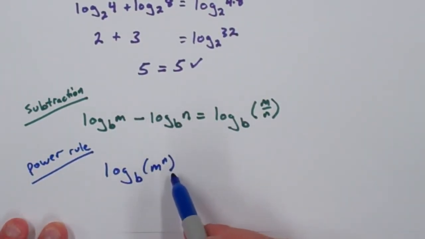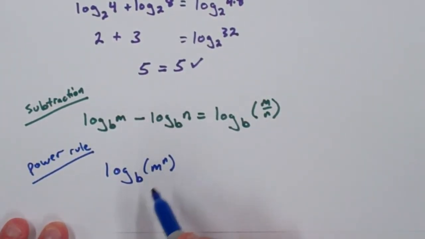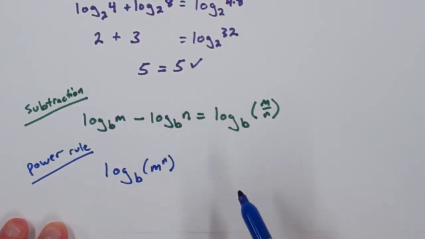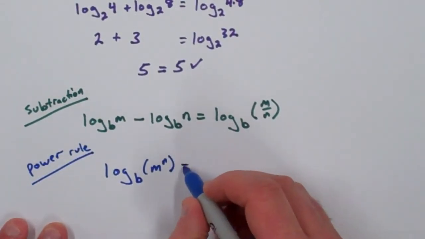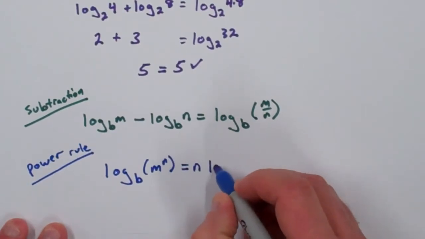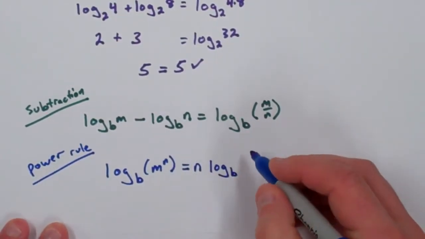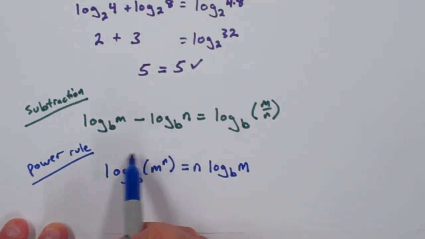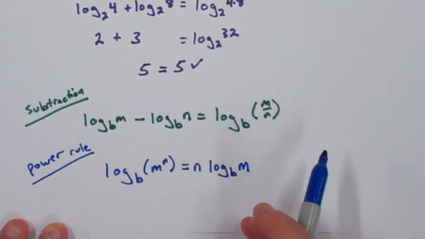It's got to be part of the logarithm. The entire logarithm can't be raised to the n power. It's just got to be the variable or the number inside here in the parentheses. This is equal to n times log base b of m. This n can be brought out to the front of the logarithm.